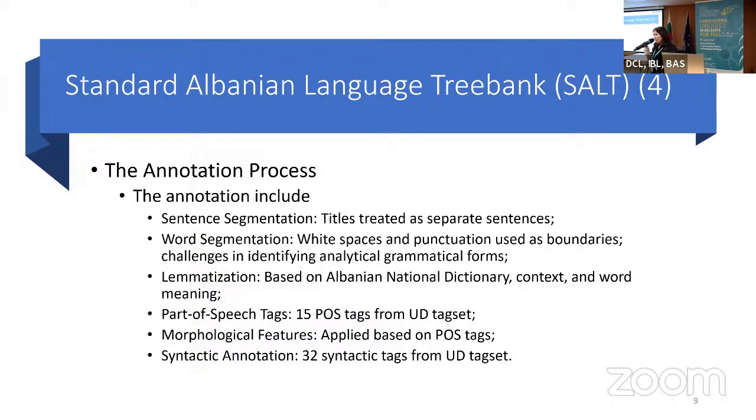Because usually for adjectives, for example, in Albanian we have a female version and a male version. But in our data set, we have used as the lemma of the word just the masculine version, because only this exists in the actual dictionary that we have in Albania.